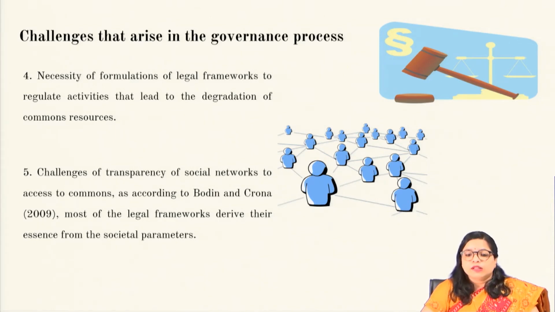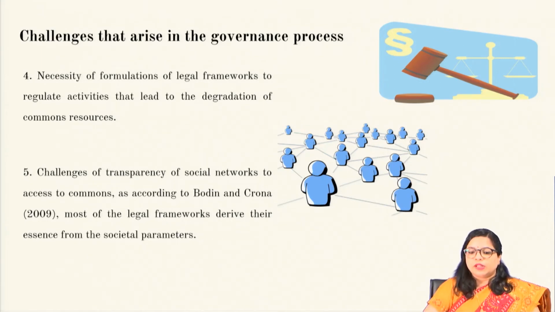Apart from the challenges of governance that are faced by the state, there are also challenges that occur in relation to transparency of the social network that plays an important role in the access to commons. And according to Bodin and Crona, most of the legal framework derive their essence from the societal parameters.